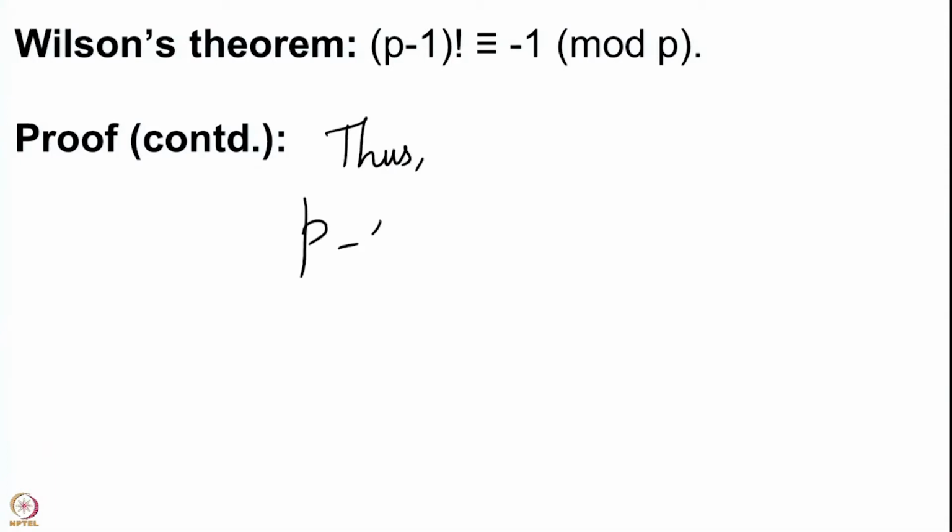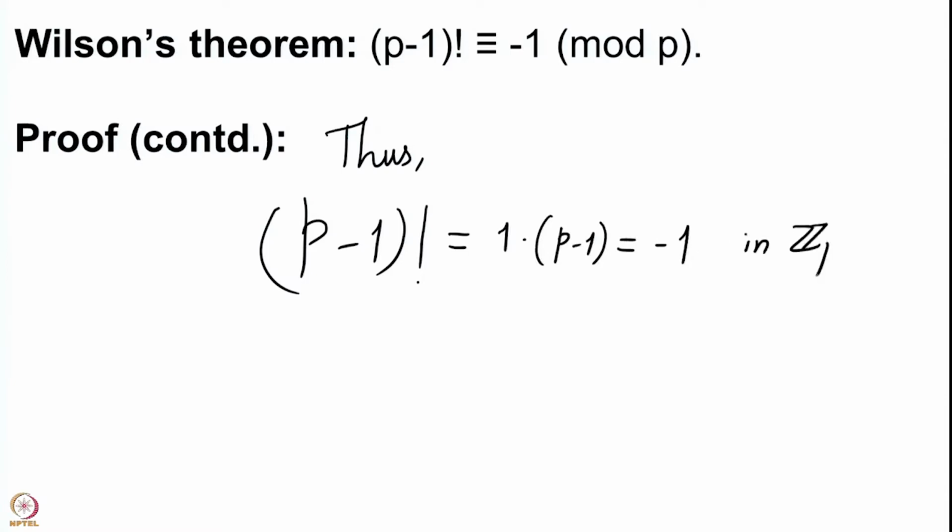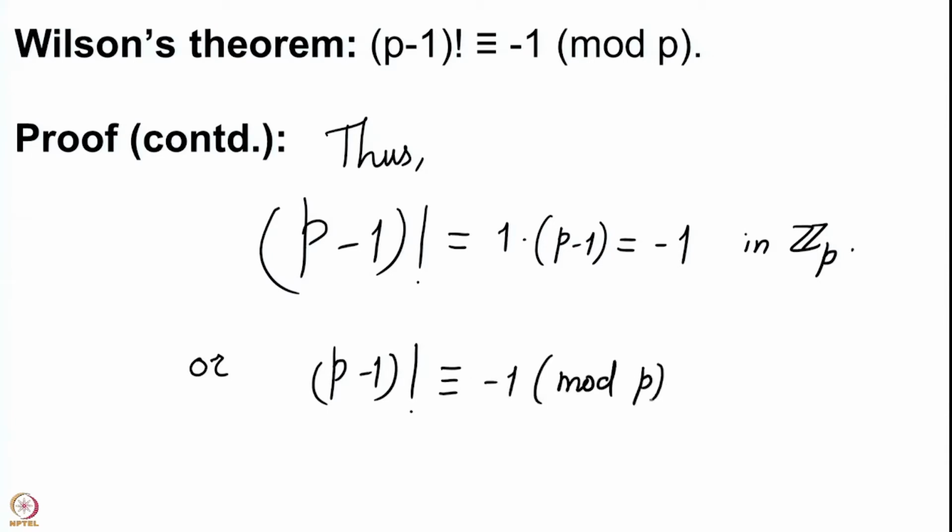Thus, p minus 1 factorial equal to 1 into p minus 1, which is really minus 1 in the set Z_p, or what we have is p minus 1 factorial is congruent to minus 1 mod p when p is an odd prime.